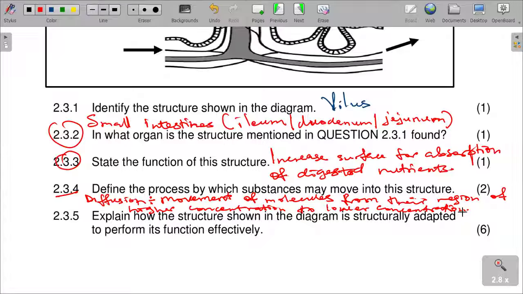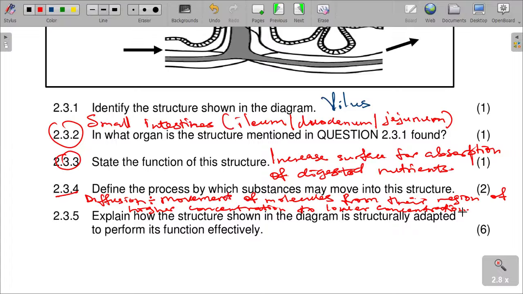We can also talk about active transport or active uptake, which is the movement of molecules with the assistance of carrier molecules against the concentration gradient, from region of lower concentration to region of higher concentration, using energy.